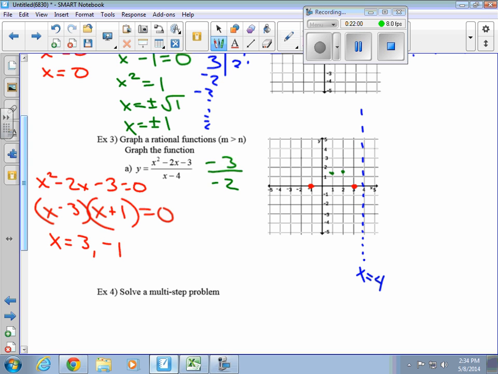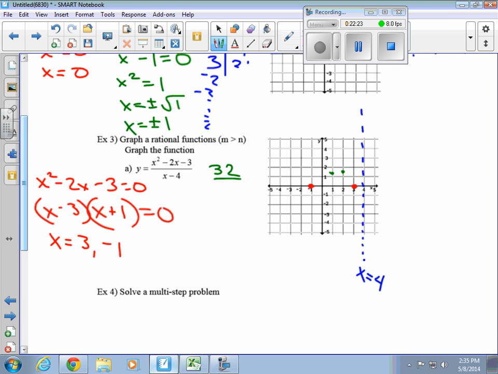Okay. So we know that this general graph is going to come, and let's put another number. Let's go all the way over, like negative 5. Okay. So this is going to be 25 plus 10, which is 35, minus 3, which is 32.